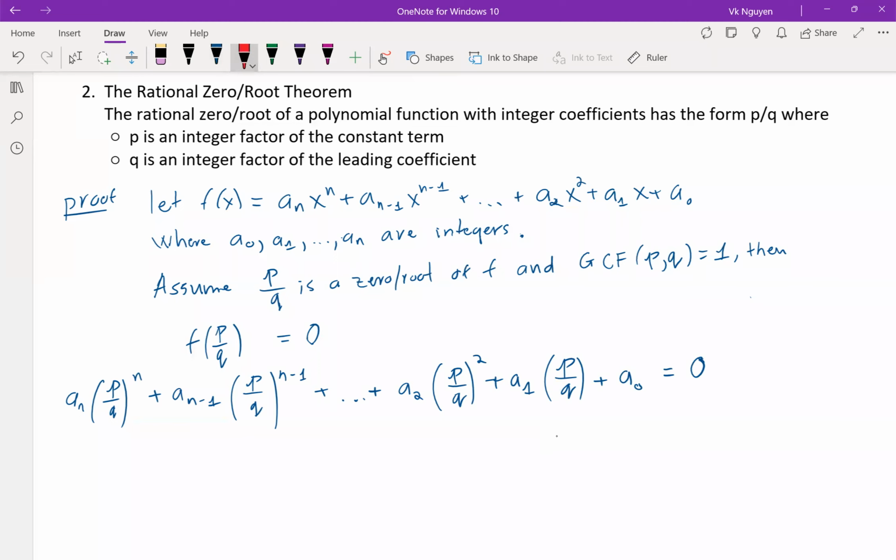From here, we can multiply both sides by q to the n and get rid of the fraction.